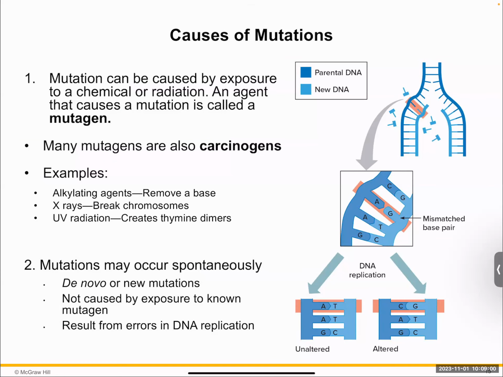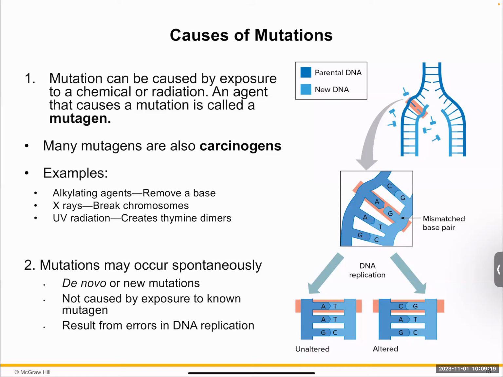Now, we have talked about mutations. I have thrown out some words about mutation, but let's take a look at what actually causes the mutations. Mutations can happen spontaneously because you replicate that genetic information very often.